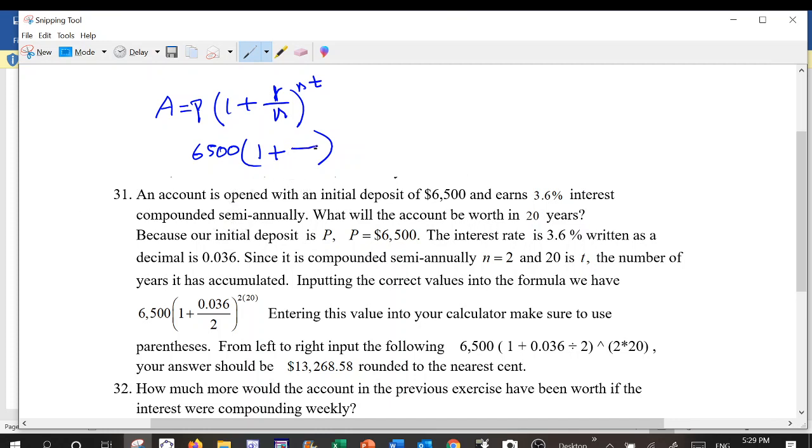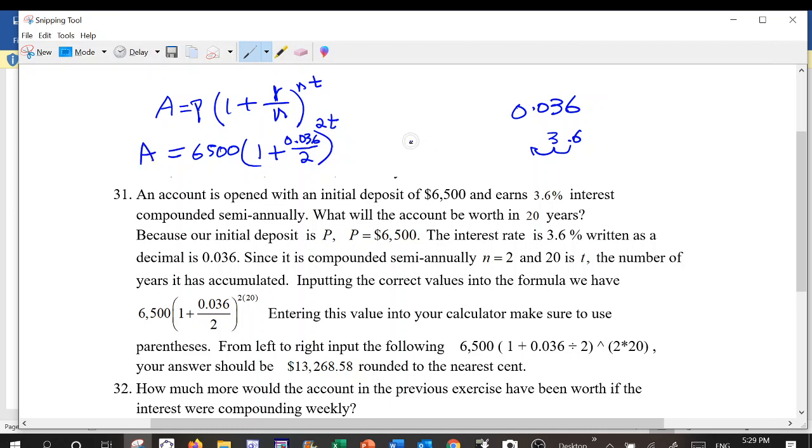So compounded semi means twice a year, so n is 2, and r is 3.6%, so you have to move the decimal 2 places to the left, so it's 0.036. And then n here is the number of times the year is divided into, which is 2 partitions, so that's 2, and then t, right? So that is the formula for this situation here.